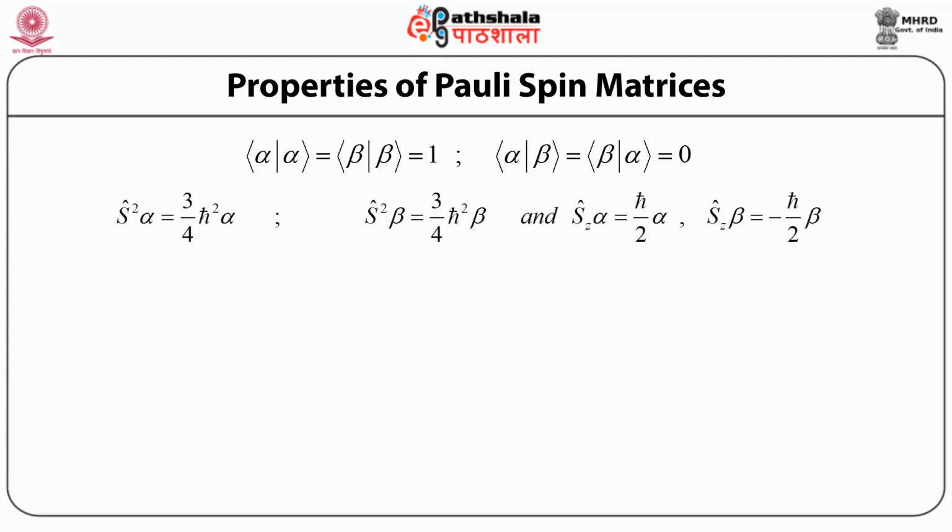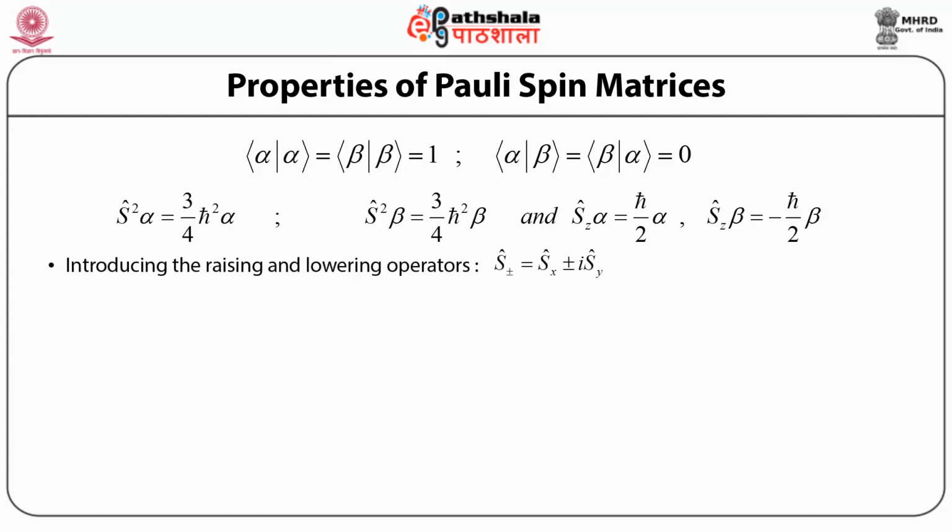Operator S square acting on alpha is equal to 3/4 h cut square alpha. Operator S square acting on beta is equal to 3/4 h cut square beta. Operator Sz acting on alpha is equal to h cut by 2 alpha. Operator Sz acting on beta is equal to minus h cut by 2 beta.